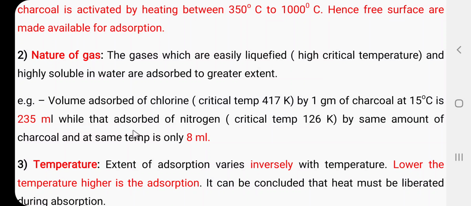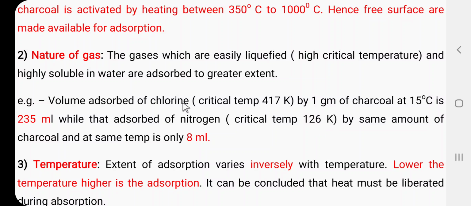When we consider the other case, nitrogen, the adsorption of nitrogen by 1 gram of charcoal is just 8 ml. That means only 8 ml of nitrogen gas is adsorbed by 1 gram of charcoal, and the critical temperature of nitrogen is 126 Kelvin.